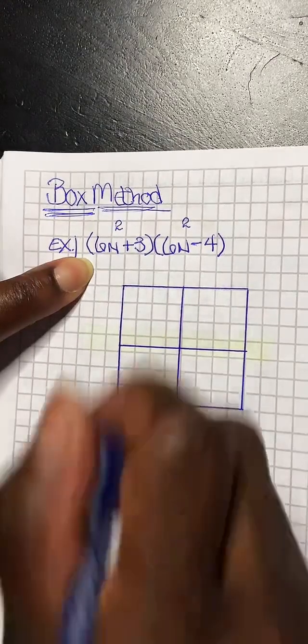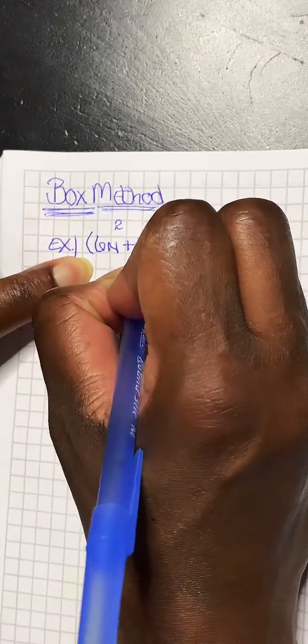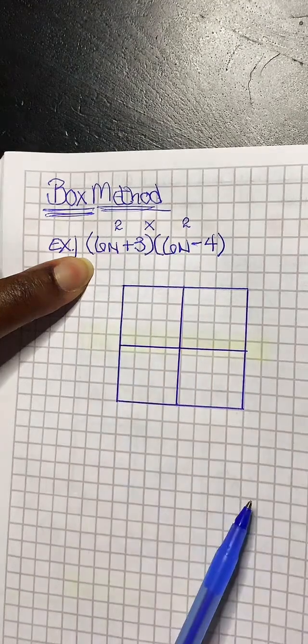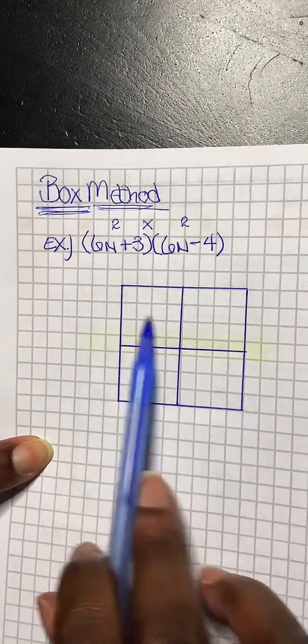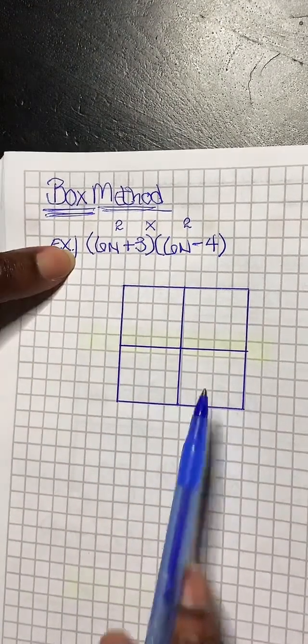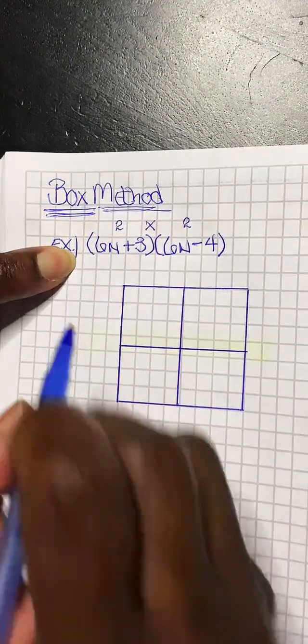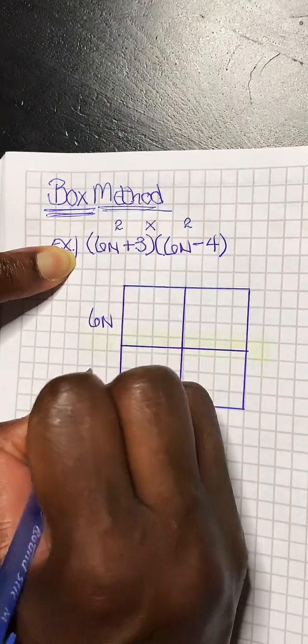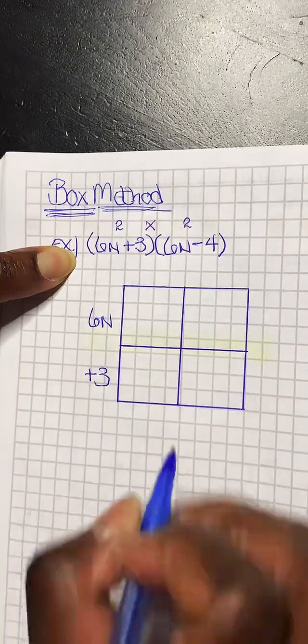So this means, if we can go back to matrices, that means I need a 2 by 2 box. That means I need 2 rows and 2 columns. So since I like to say this is my rows, this will be 6n and this will be plus 3.